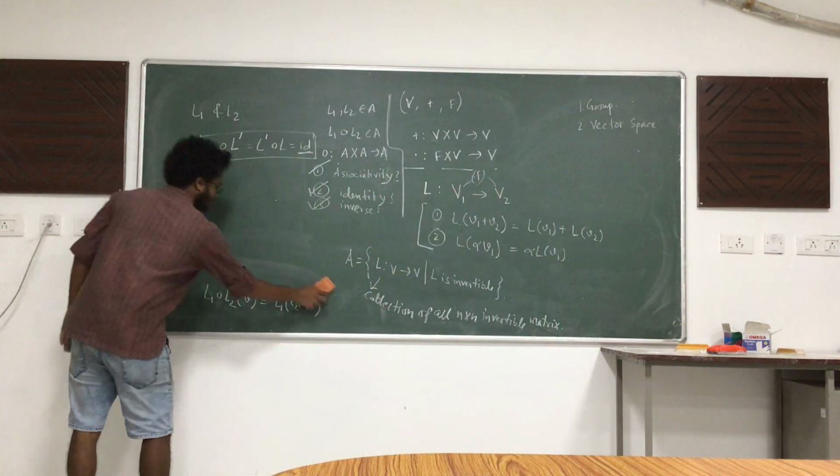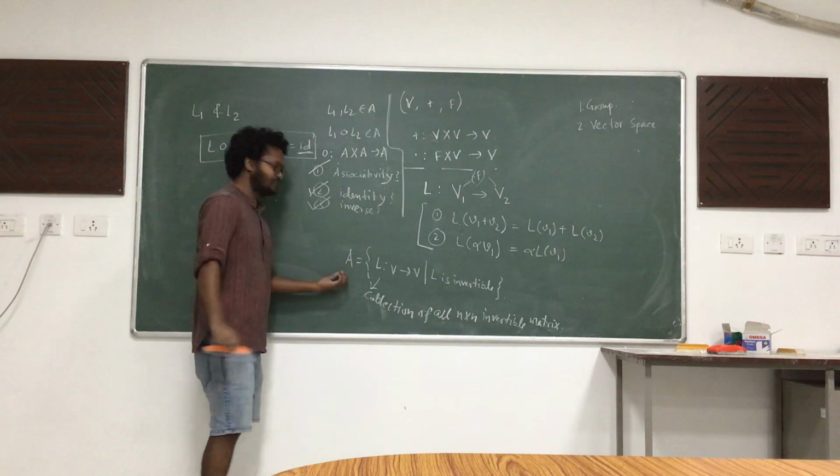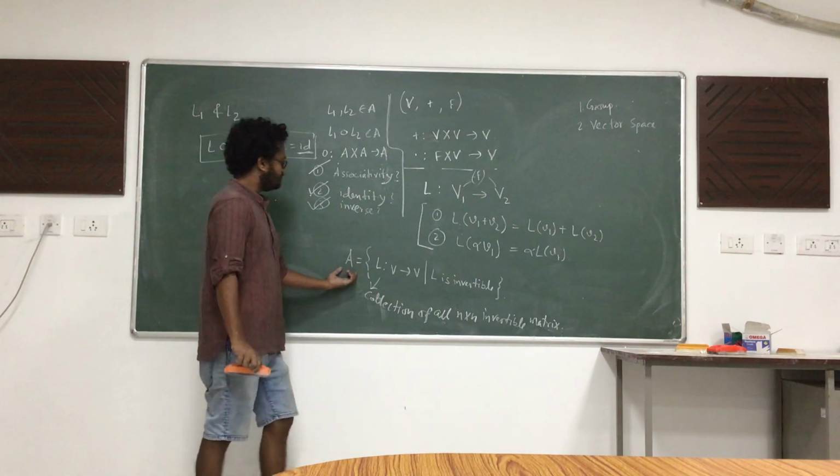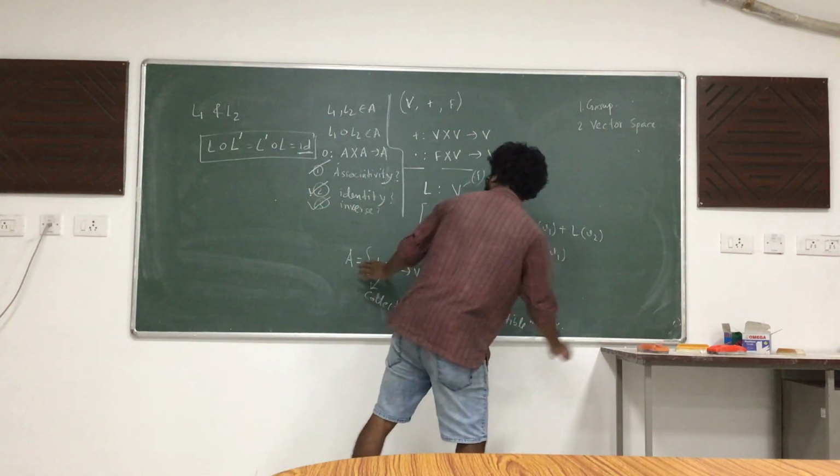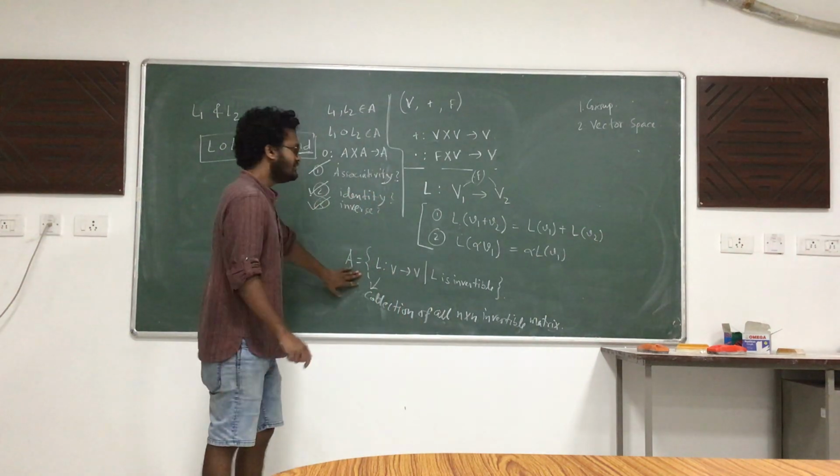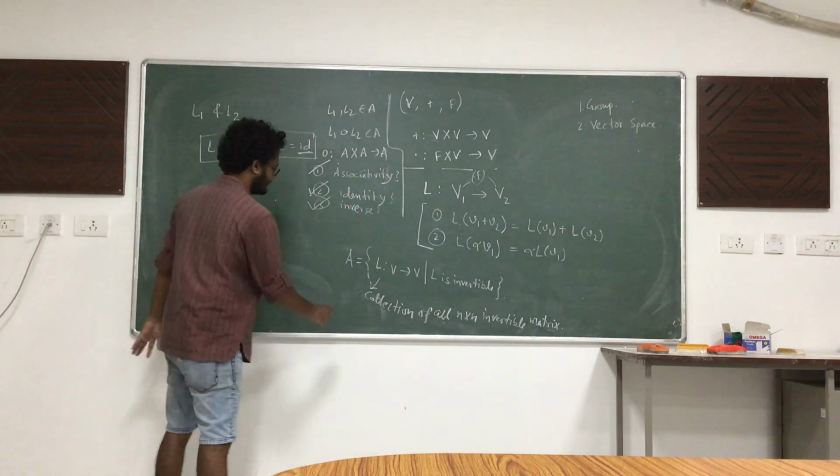Okay. So this is a special set, which are linear transformations, and under the composition operator we saw this is a group, and this set has a name.